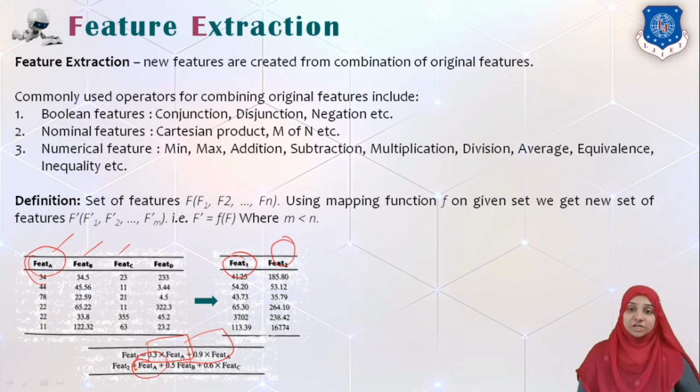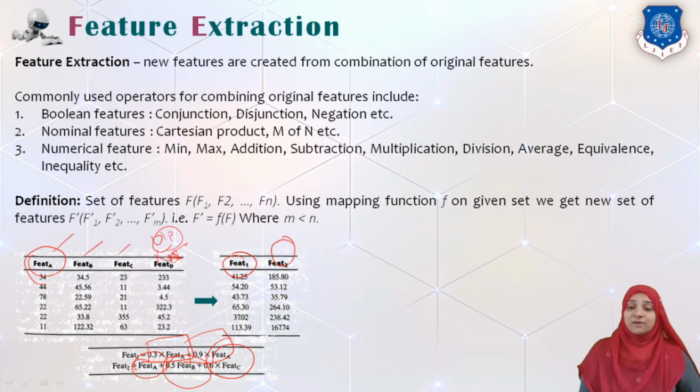We have selected feature A completely plus 0.5 of feature B plus 0.6 of feature C, and we have completely ignored feature D because it might be irrelevant to the feature space, or it might be an output variable and we do not require it in our feature space.